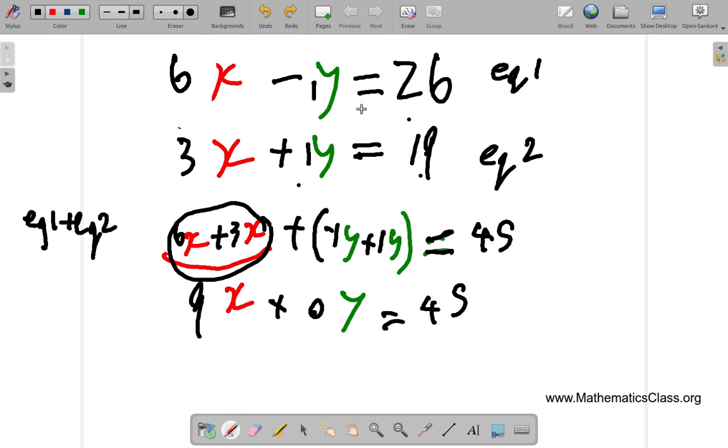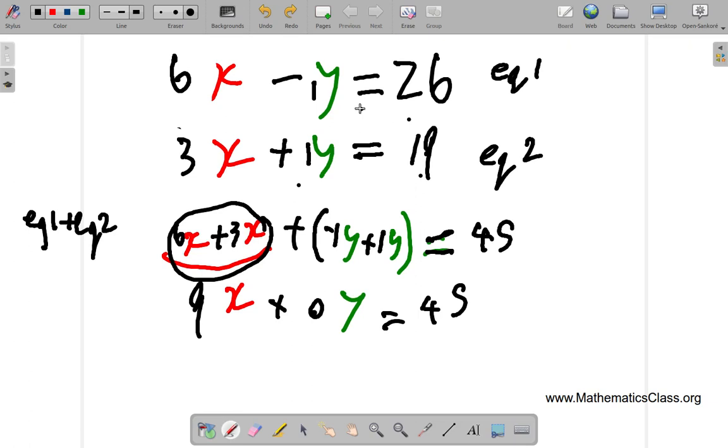So when you have the same number of x's or the same number of y's, you can see that if one is a plus and one is a minus, you should add them, not subtract.